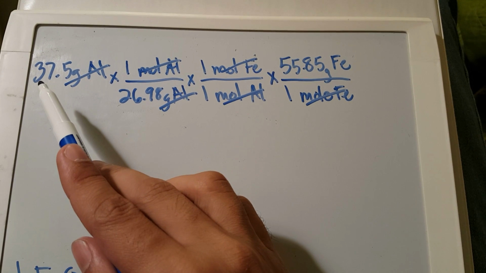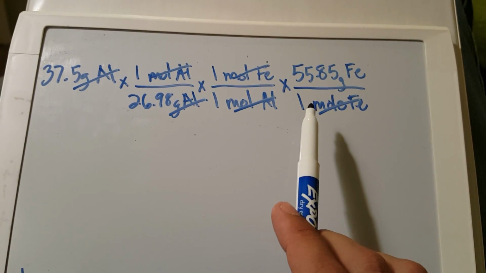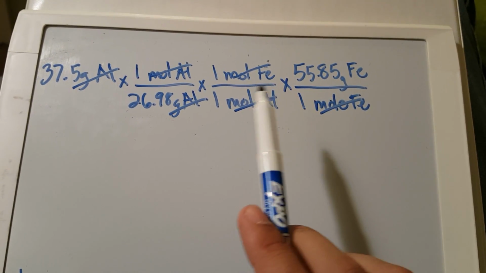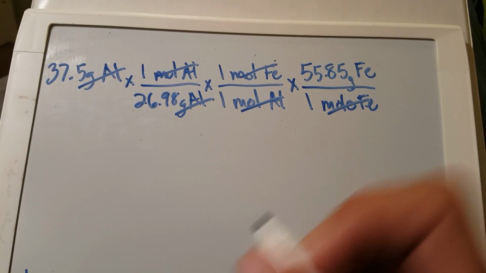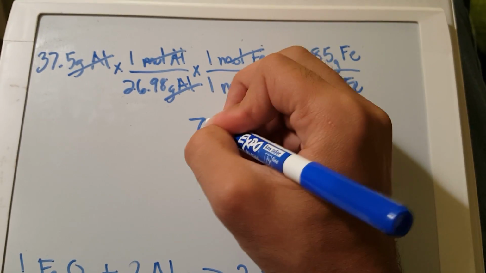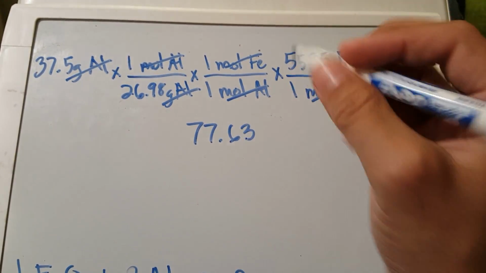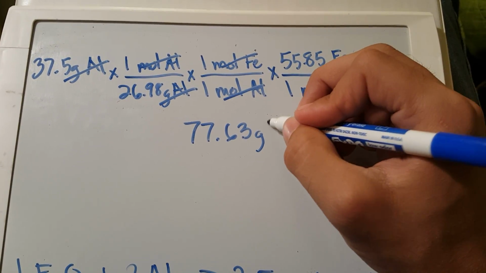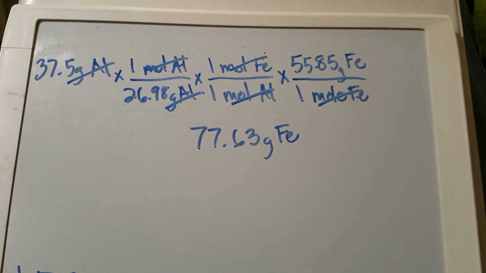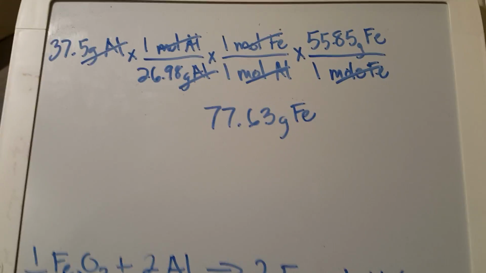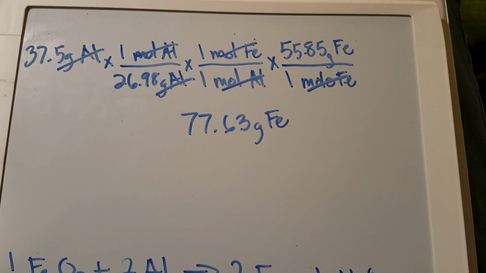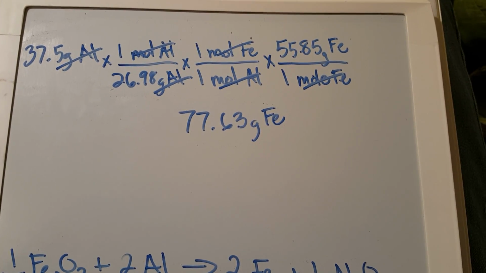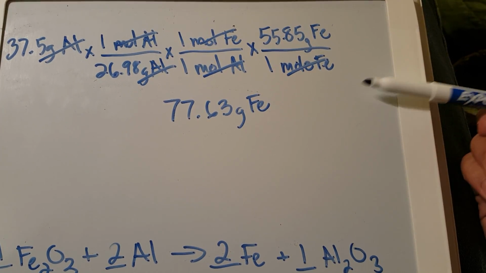And then we're going to times the 37.5 times the 55.85 grams, all divided by 26.98 grams, which is going to leave us with 77.63 grams of iron, or Fe. Since we had originally 61.2 from our earlier equation, the limiting reagent for this problem is going to be aluminum.